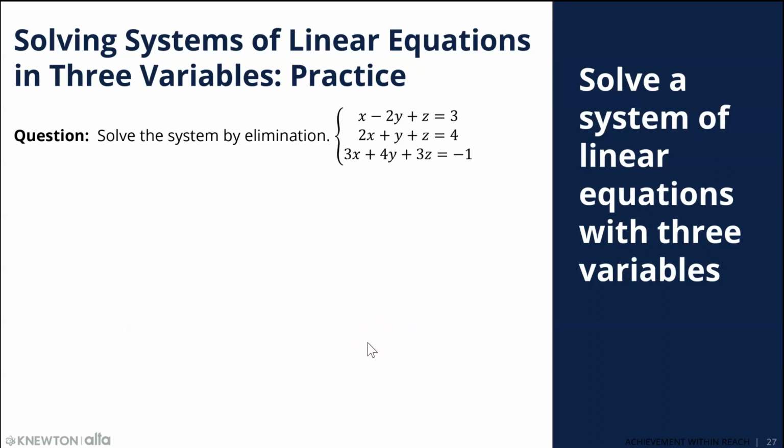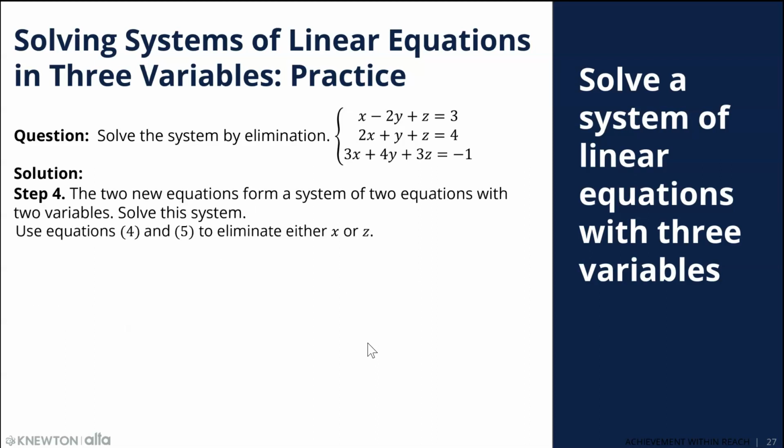The next is to consider the fifth and the fourth equation. And then we will solve the system of two linear equations here. So to solve this, we can eliminate either x or z. Now the easiest is to eliminate x because they're already the same coefficient here.